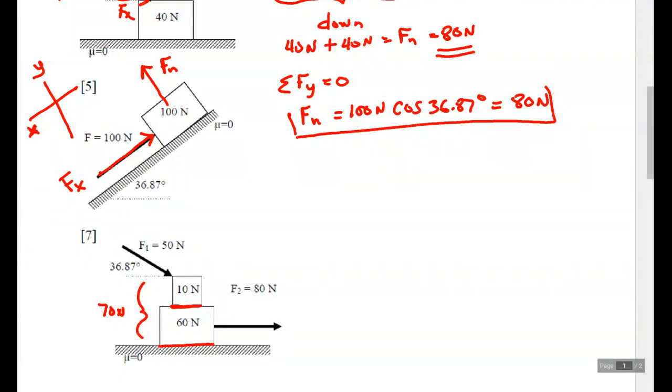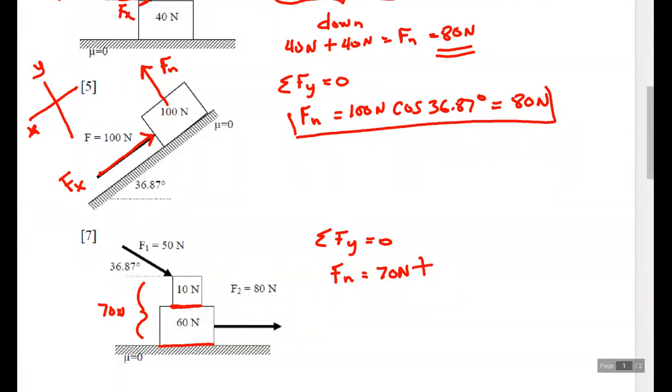newtons. All right, sum of the forces in the y direction equals 0. The up force is equal to the down force. There's only one up force, and that would be the normal force. But there actually are two down forces on the box. The first down force is the weight force, but there's also, look at the applied force.